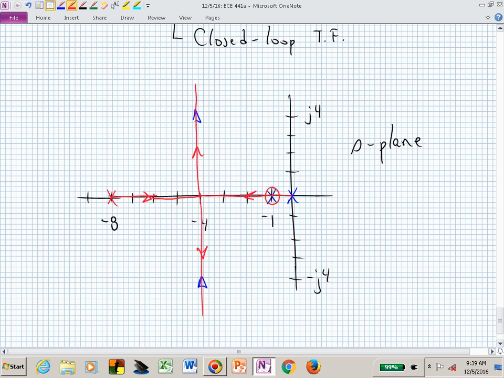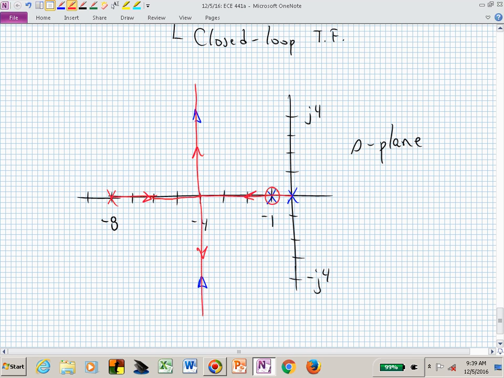How do we draw these red lines? It's -180. Every point on that red line has to have an angle of -180. That's why it's there. So every point, if we looked at the angle contributions from those poles and zeros at any point of those red lines, it would be -180.